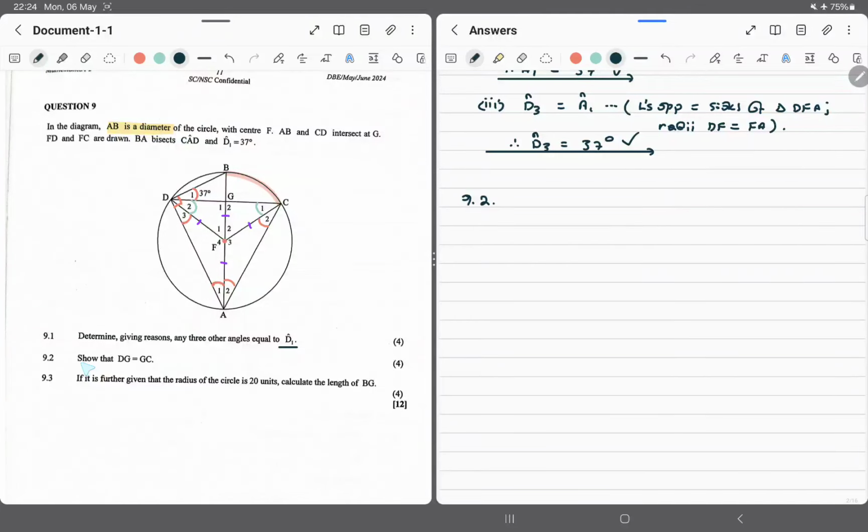All right. Now we need to show that DG is equal to GC. Well, we can see the vibes here are that of a line from center to midpoint of chord.